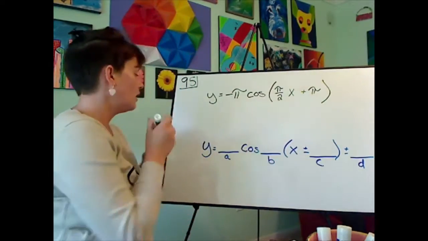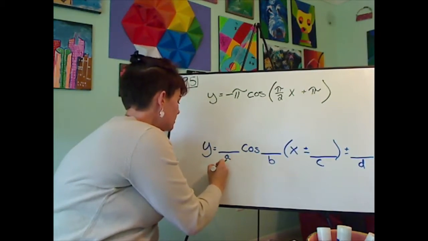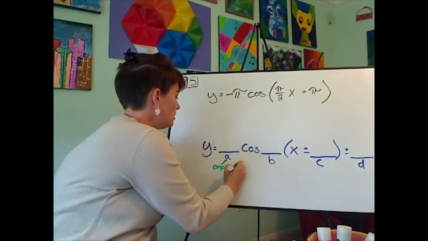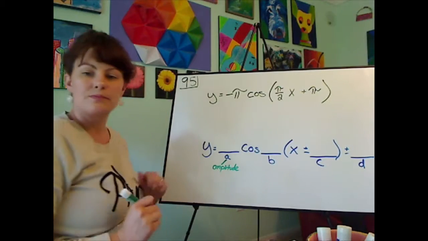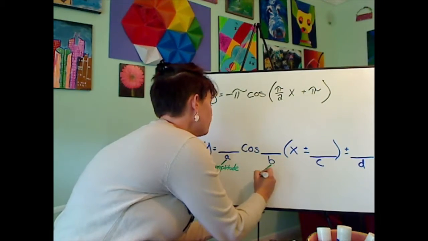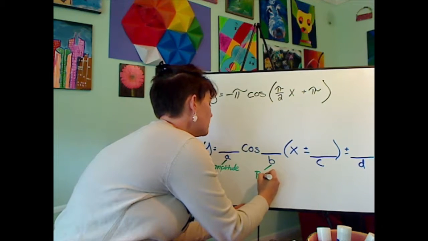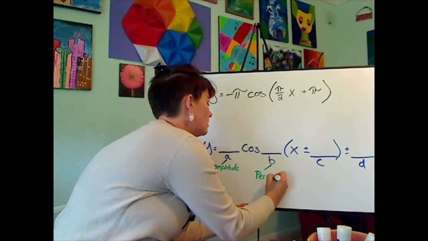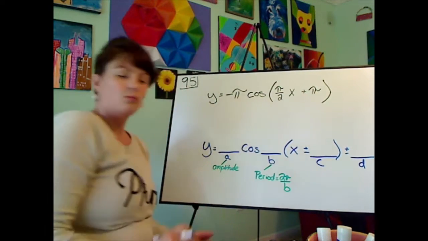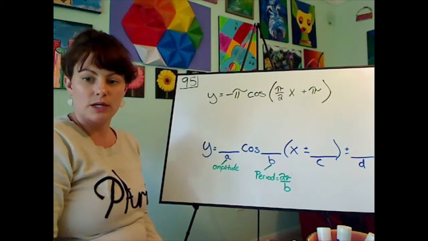A stands for amplitude. B doesn't stand for anything, but you can use it in a formula: period equals 2 pi over B, so you can plug it in and go from there.